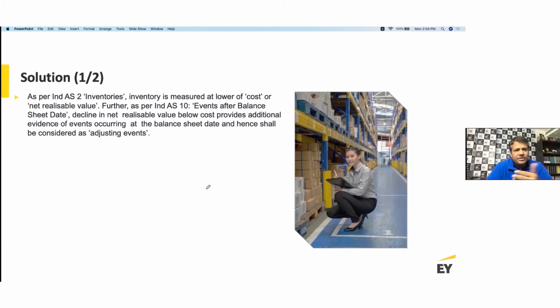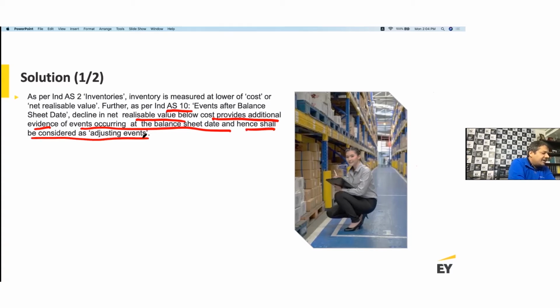So how is the lower of cost and net realizable value? As per Ind AS 10, events after the decline in net realizable value below cost provide additional evidence of conditions existing at the balance sheet date and hence shall be considered as an adjusting event. Remember, all of these are an area of judgment.